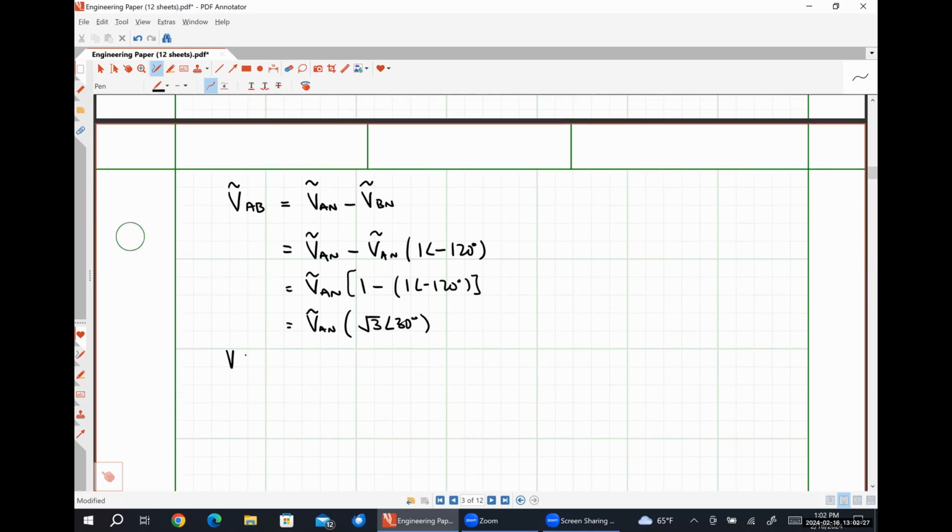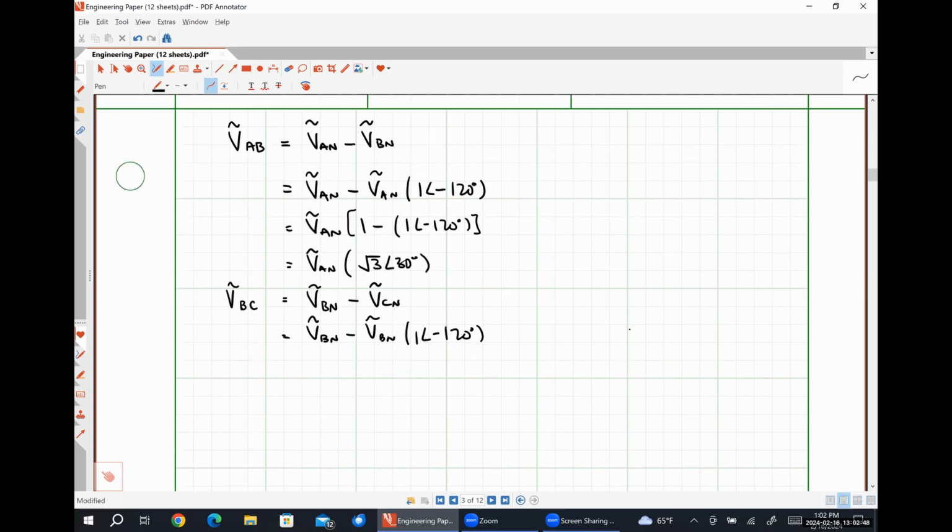If we did VBC, this would be VBN minus VCN, which could be expressed as VBN minus VBN 1 angle negative 120.